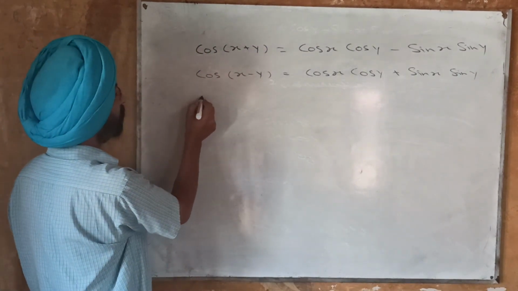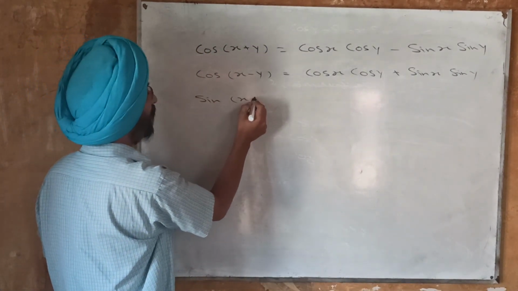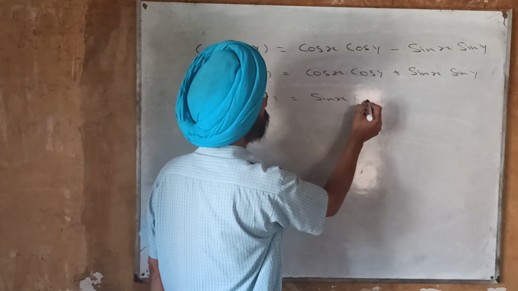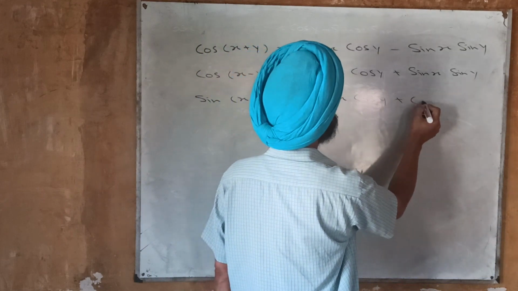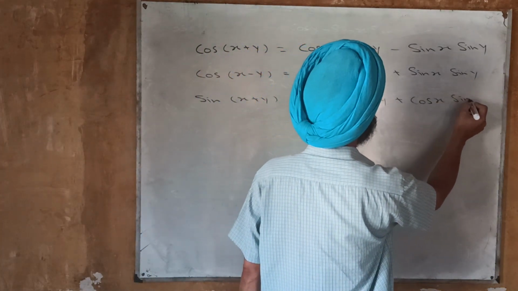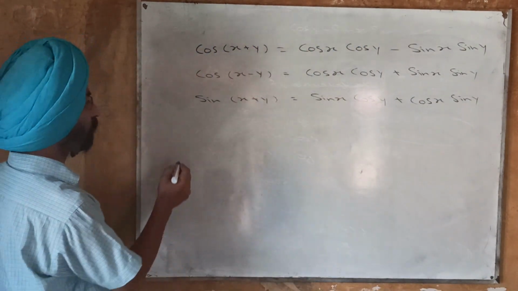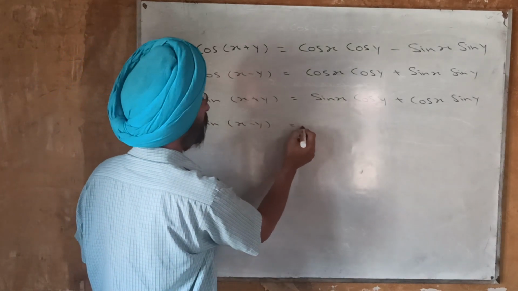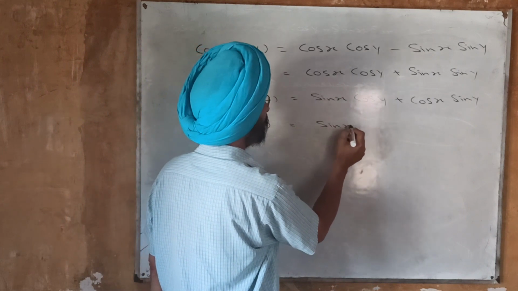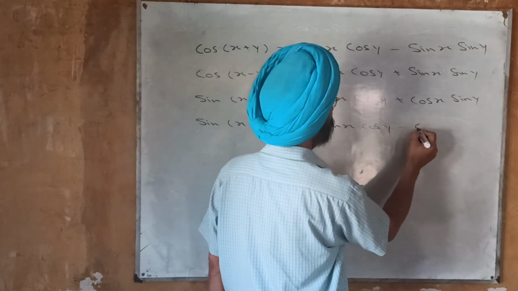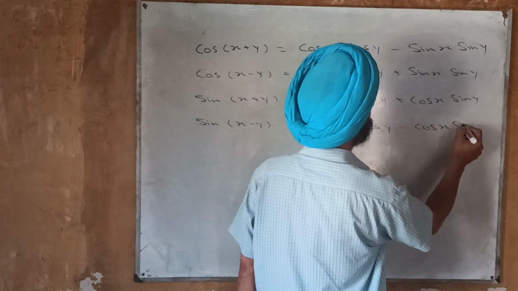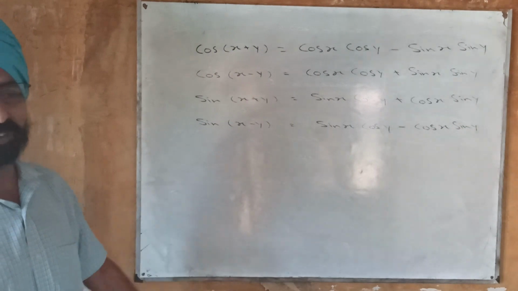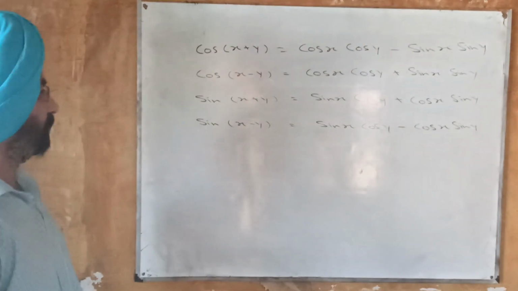The third one, sin(x + y) = sin x cos y + cos x sin y. And the fourth one was sin(x − y) = sin x cos y − cos x sin y. Up to this step we completed in the previous video, and now we'll move ahead.